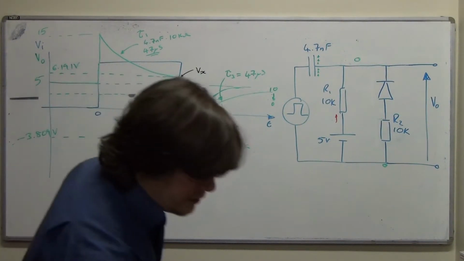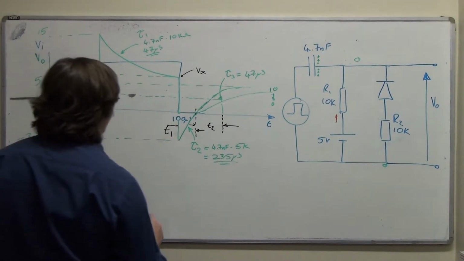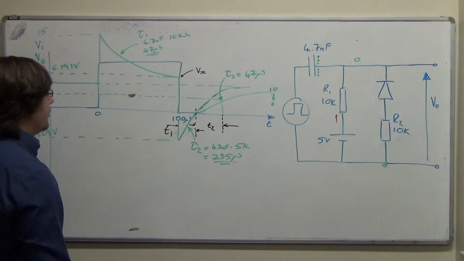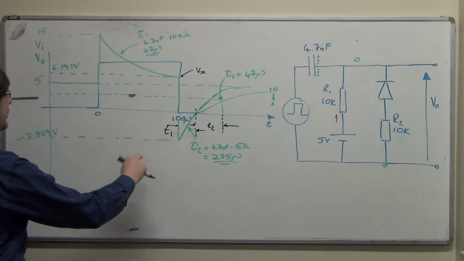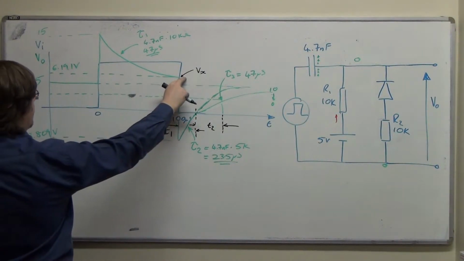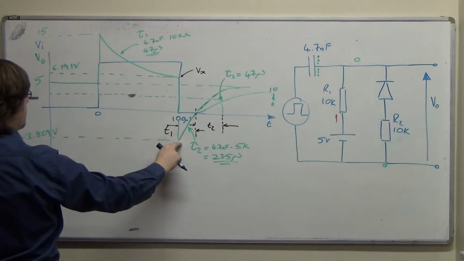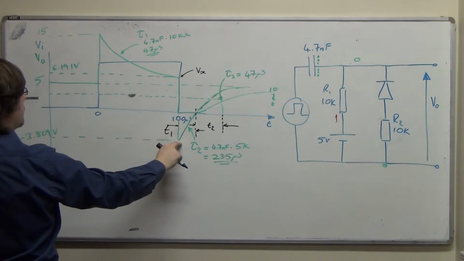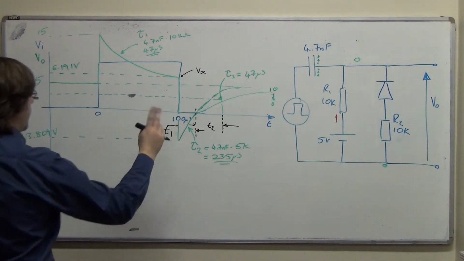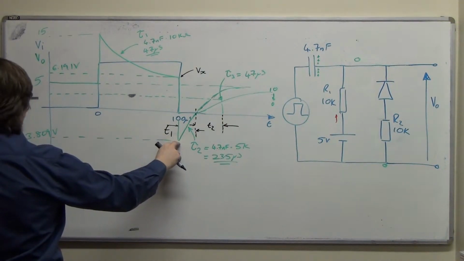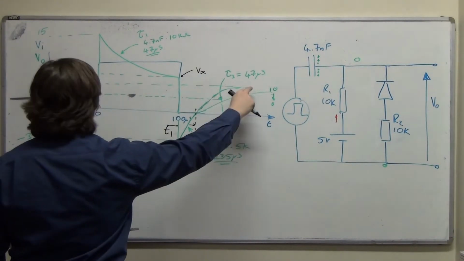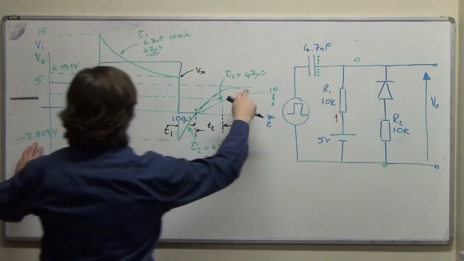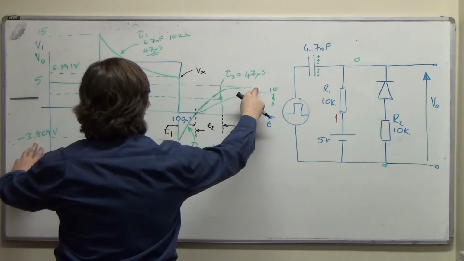So what we've got is a 5 volt offset and a 23.5 microsecond time constant, and we've got a change in voltage from Vx down 10 volts. The exponential is falling across from minus 3.809 up towards 5 volts.